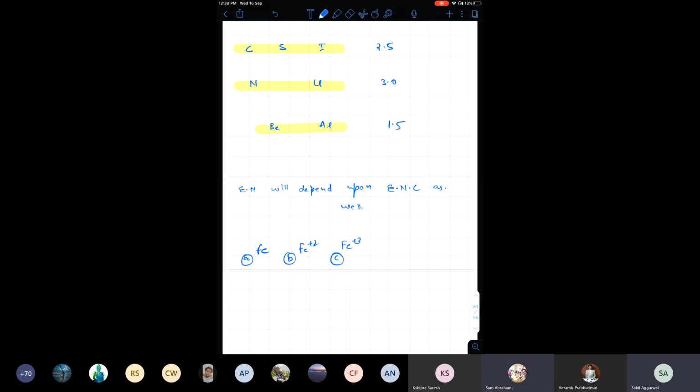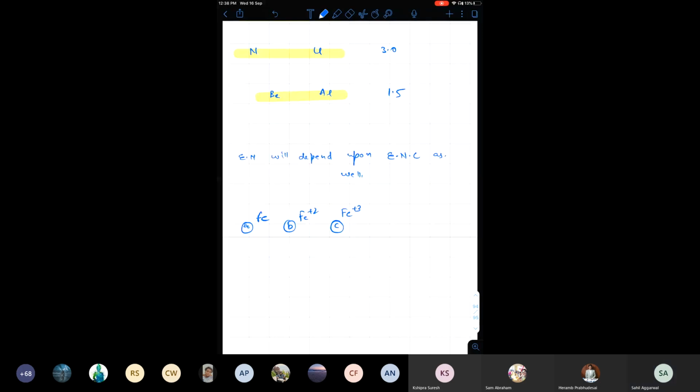What is that after ENC? Which has maximum force of attraction? So this will be the maximum electronegative.